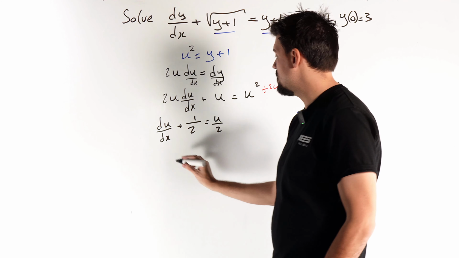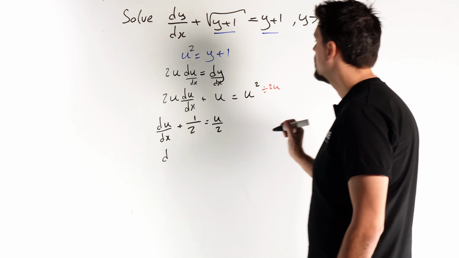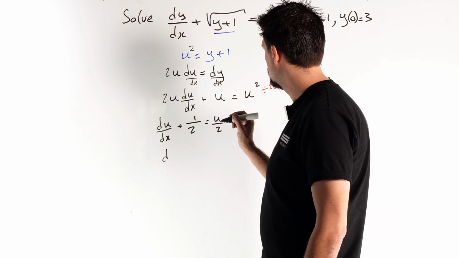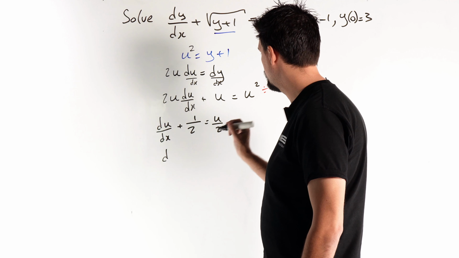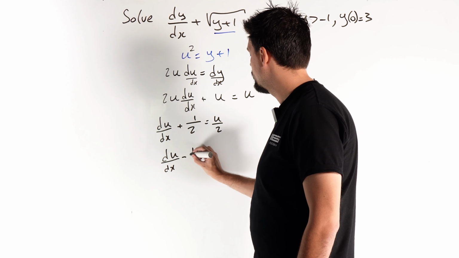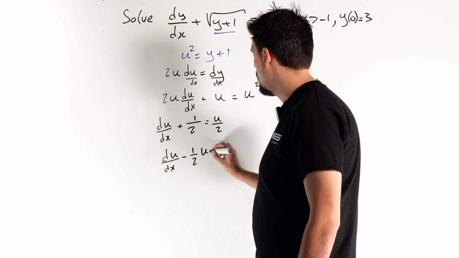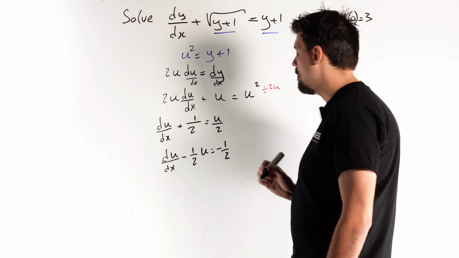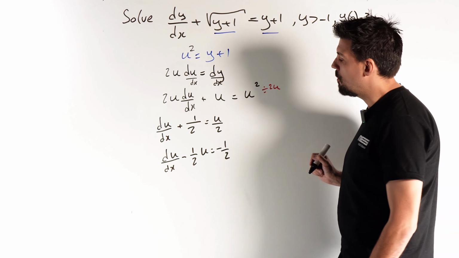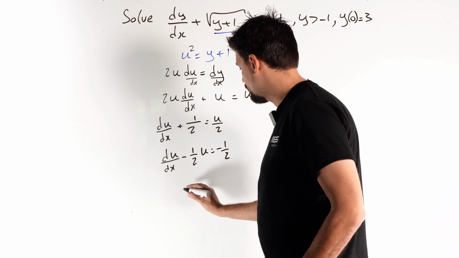Now, if we just rearrange that just a little bit, du/dx minus a half u is minus a half. Now, this is set up beautifully for an integrating factor.